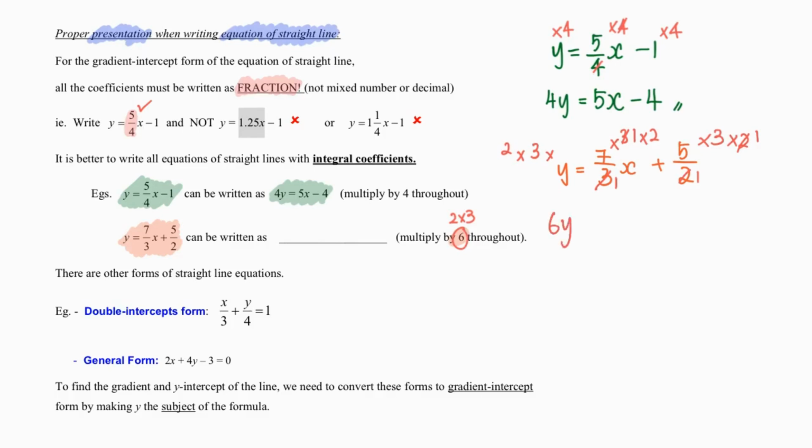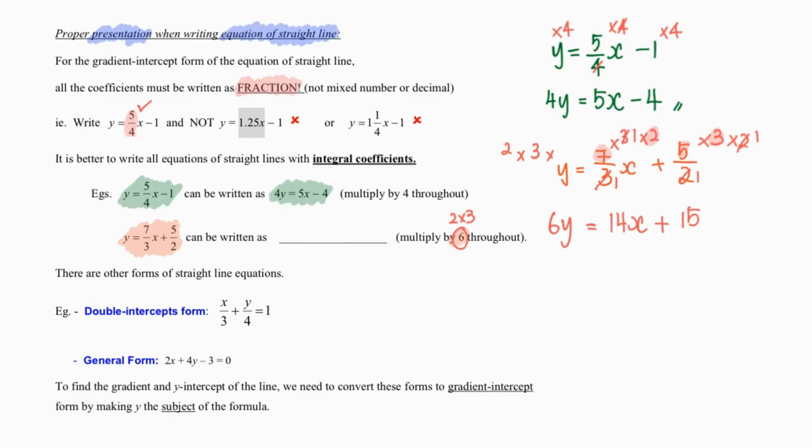Alright, so here will be 6y. Here will be 2 times 7, 14x. And this part here will be 3 times 5, 15.